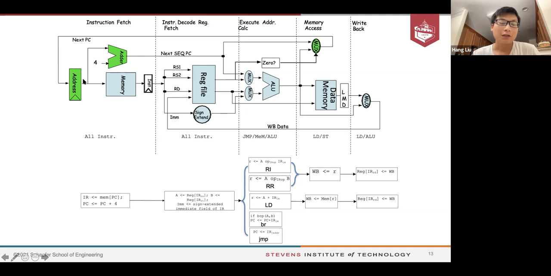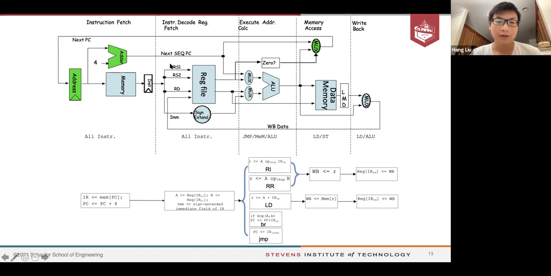And then once we have the address, we also add 4 to it in order to prepare the potential next PC, right? Once you have the instruction bits, in instruction decode, you decode potentially source 1, source 2, destination, and the immediate, okay?